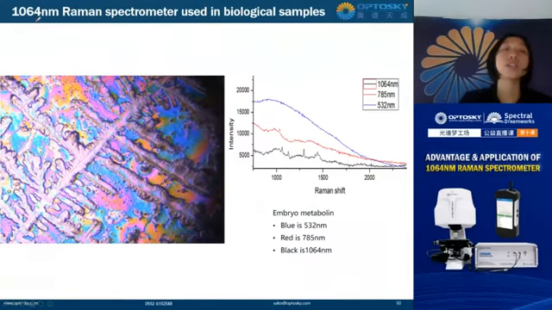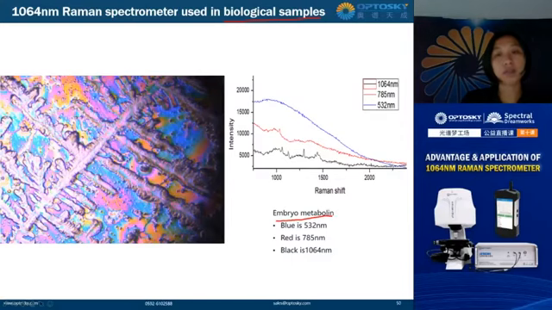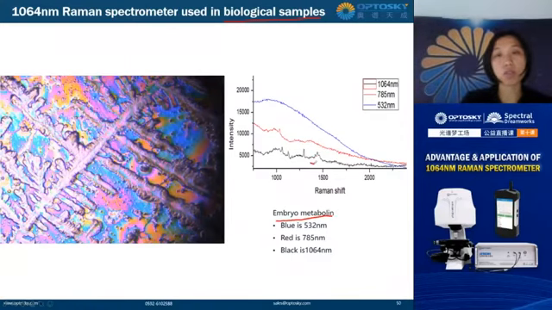And also the 1064 Raman spectrometer is used for biological samples. This is the embryo, the metabolite. You can see with 1064 the peaks are nice.